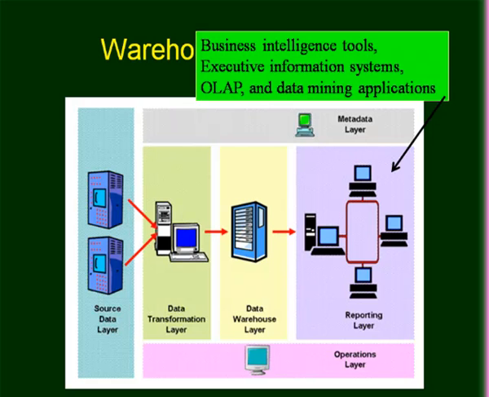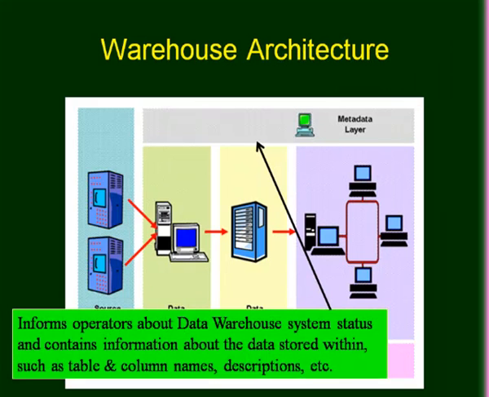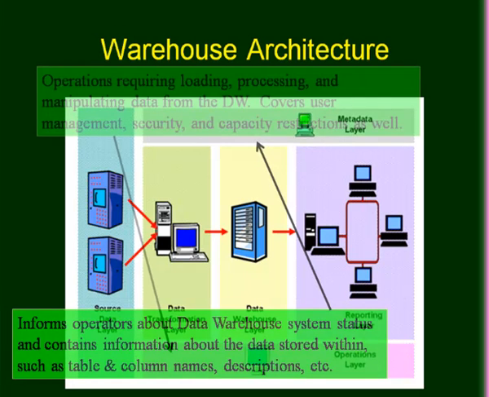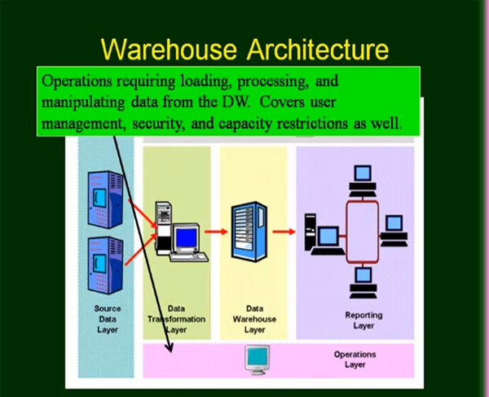Then in the reporting layer, BI tools, executive information systems, OLAP, and data mining applications are used. Then the metadata layer informs operators about the data warehouse system status, and contains information about the data stored within, such as table and column names, descriptions, etc. Then the operations layer covers operations requiring loading, processing, and manipulating data from the data warehouse.